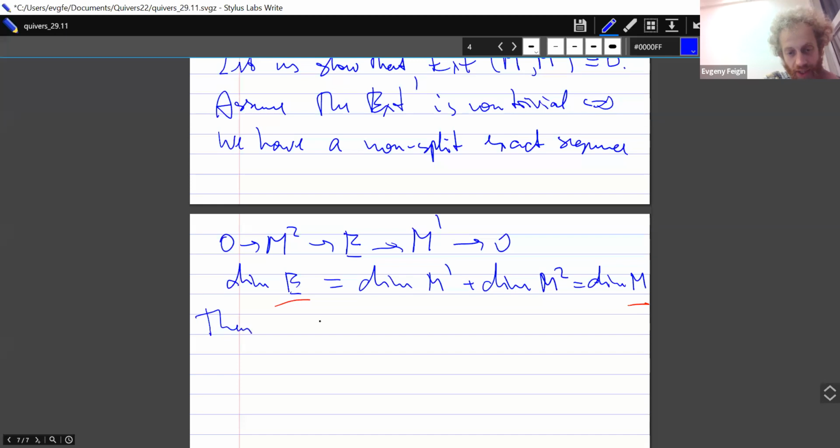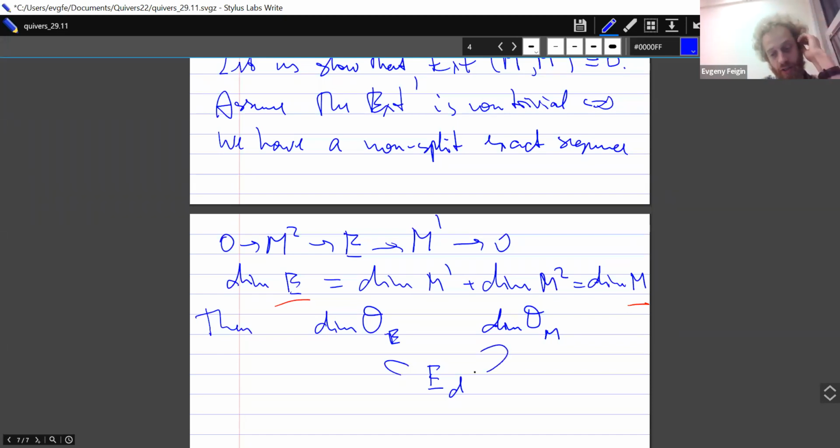Let us compare the dimension of E. What can we say about the dimension of O_E and the dimension of O_M? They both sit in E_D.